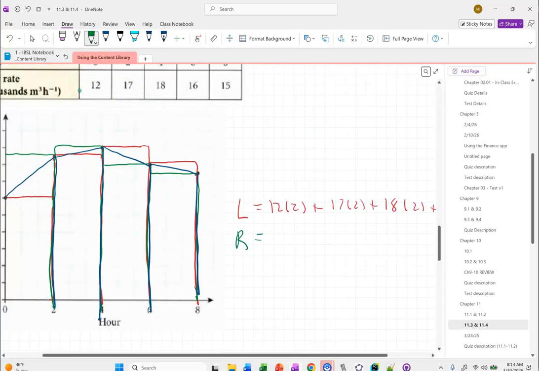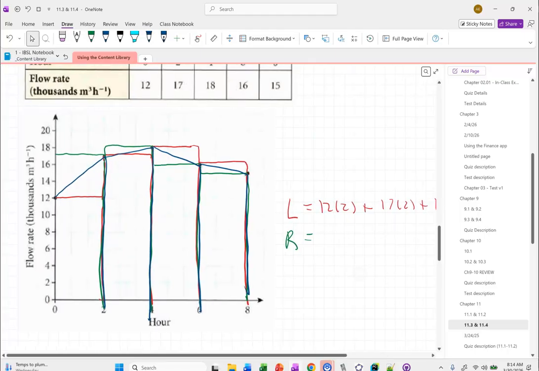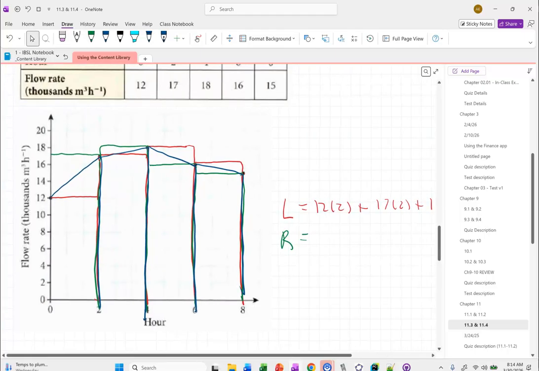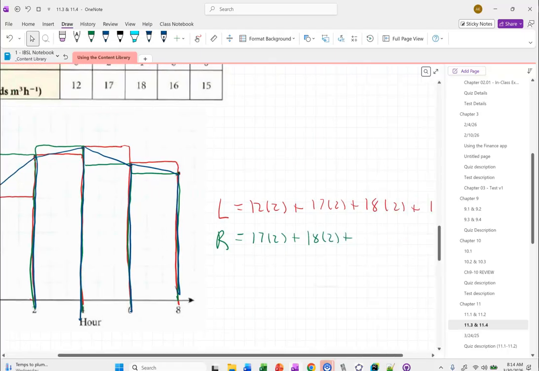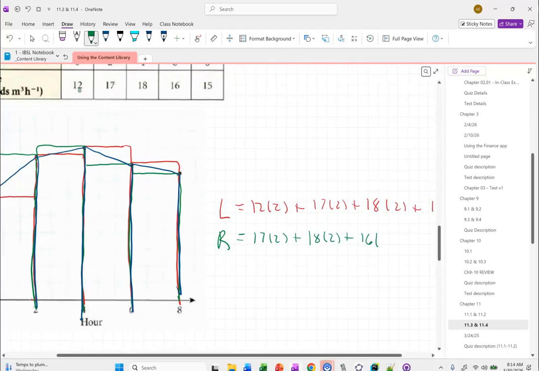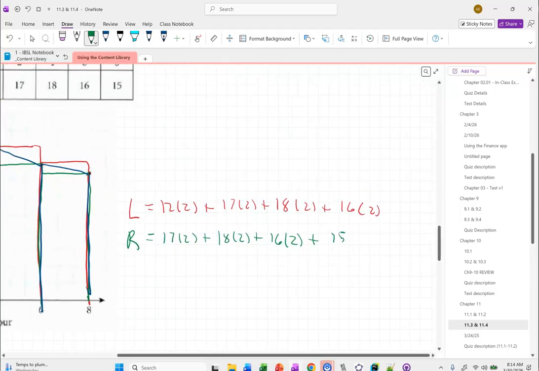If I did it using the right-hand rule, I'd have 17 high and 2 wide plus 18 high and 2 wide plus 16 high and 2 wide plus 15 high and 2 wide.